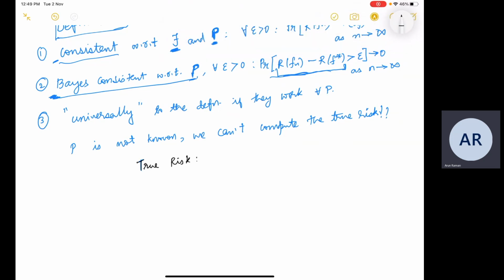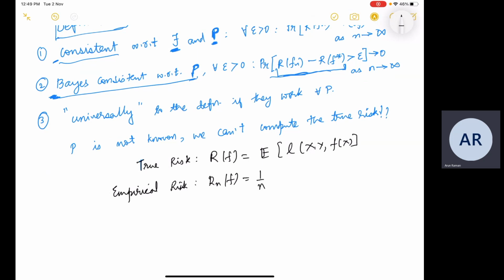So true risk R of f is the expected value of the loss, and the empirical risk is the approximation of the expectation using, like how we calculate averages.